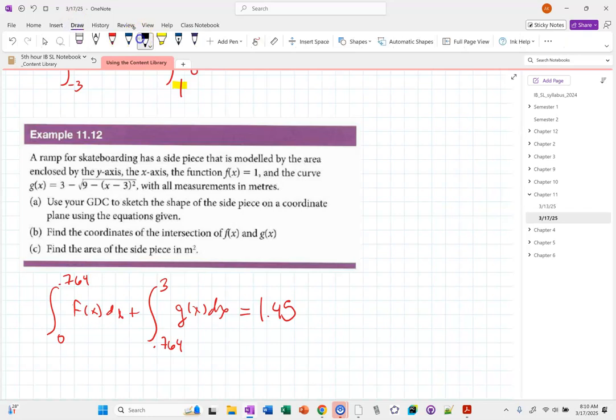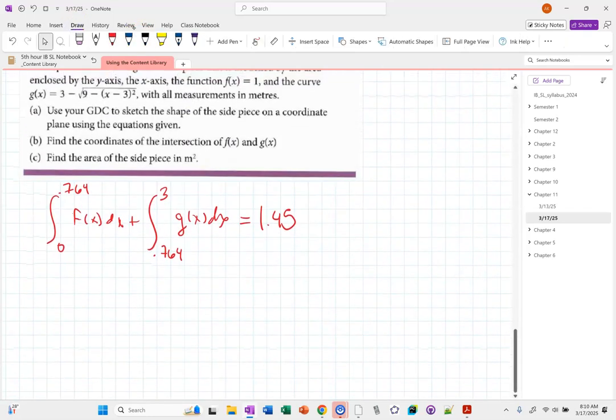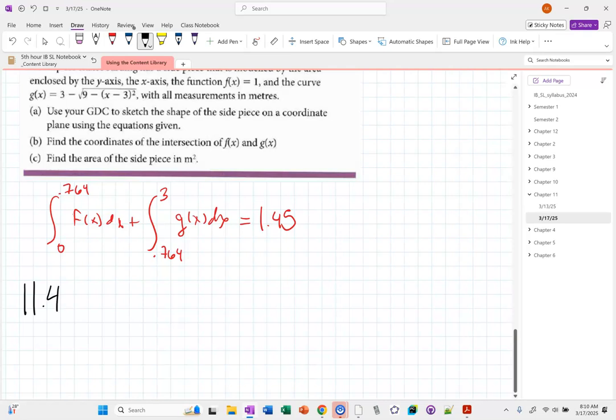And in the weirdest choice of section ordering, 11.4, we're going to talk about approximating that area under the curve.